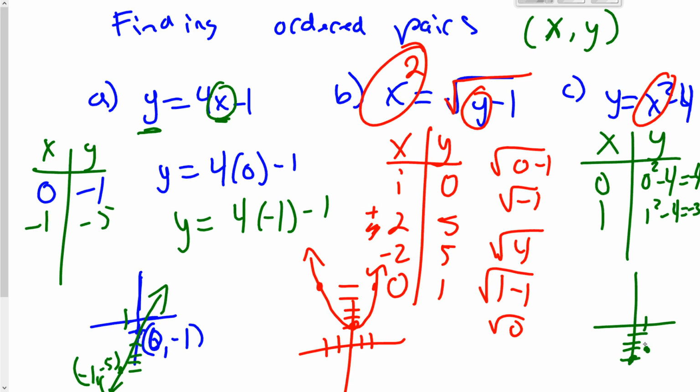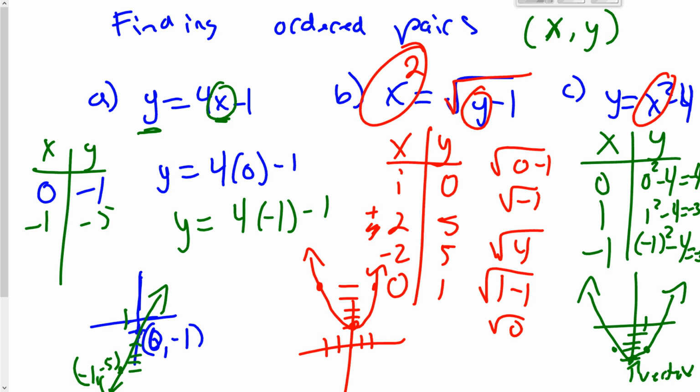So I would go over 1 and go down negative 3. I could do a negative 1. Negative 1 squared is still going to be positive 1, and 1 minus 4 again is negative 3, right? It's a quadratic. It stays balanced around that vertex. It's U-shaped, right? Not V-shaped, U-shaped.